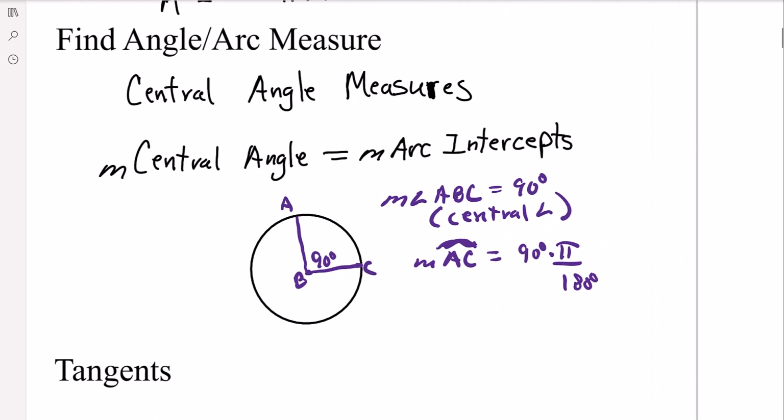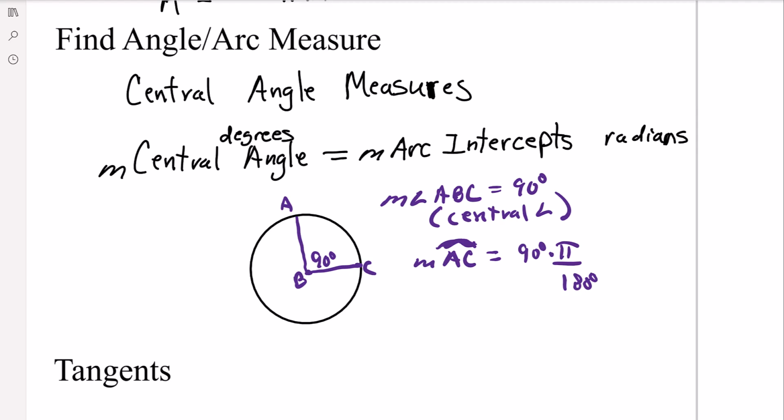And then, so again, finding the angle or arc measure. Central angle measures: the measure of the central angle equals the measure of the arc it intercepts in radians, in degrees. Okay?